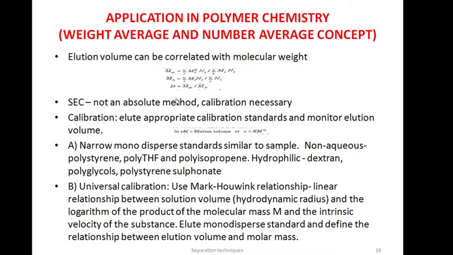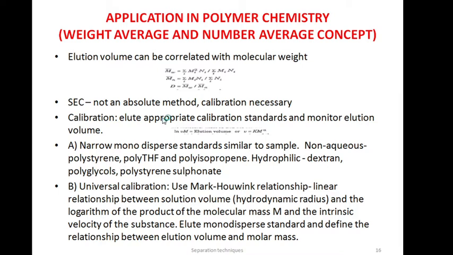When you divide these two, weight average molecular weight divided by number average molecular weight, we get dispersivity D. We can find out these molecular weights using the size exclusion chromatographic technique. Based on that, you can find out weight average molecular weight, number average molecular weight, and its dispersivity.